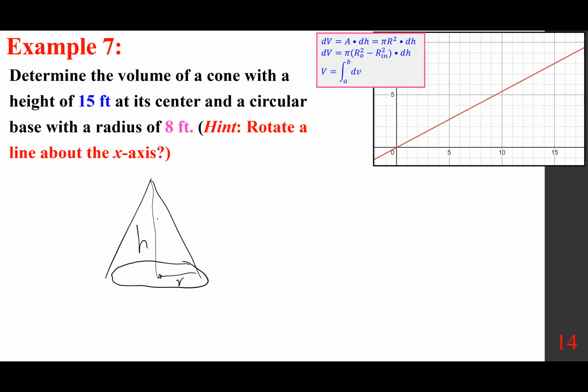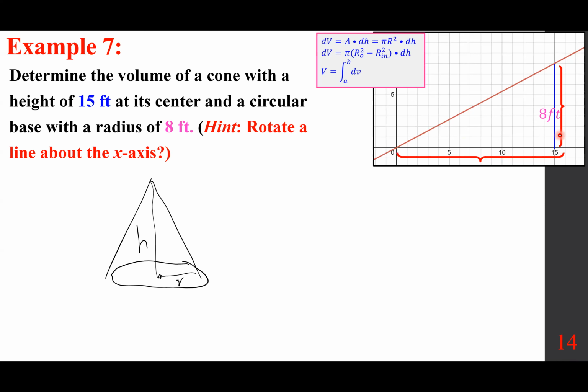So here's what we do. We start with this line that goes through the origin. We want the radius to be 8 feet.